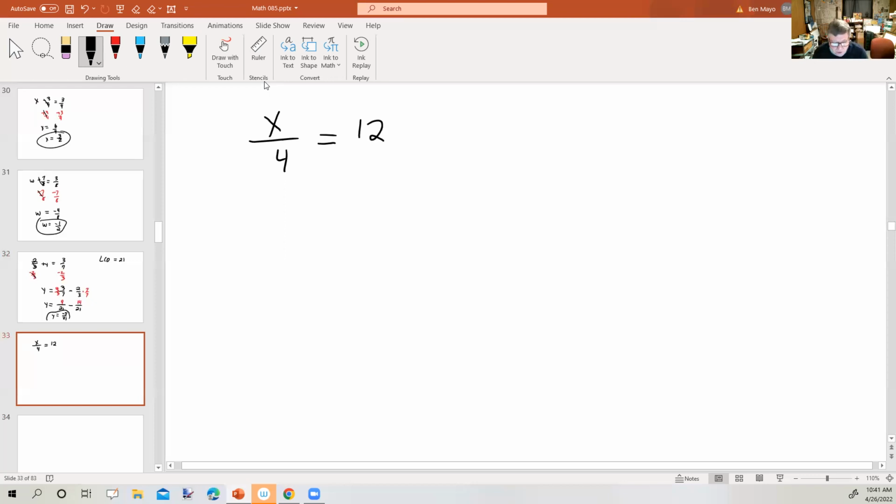Well, the variable term has been isolated, but the variable itself still has a number attached with it, okay? x over 4, that's like 1/4 x, same thing, okay? Now, not only can we add or subtract the same quantity to both sides of an equation, we can multiply or divide both sides of an equation by the same non-zero number.